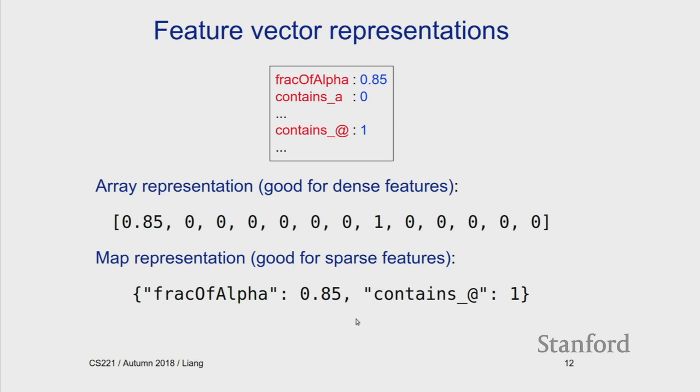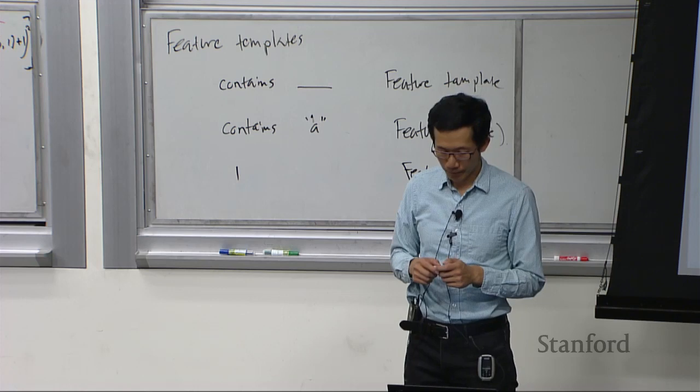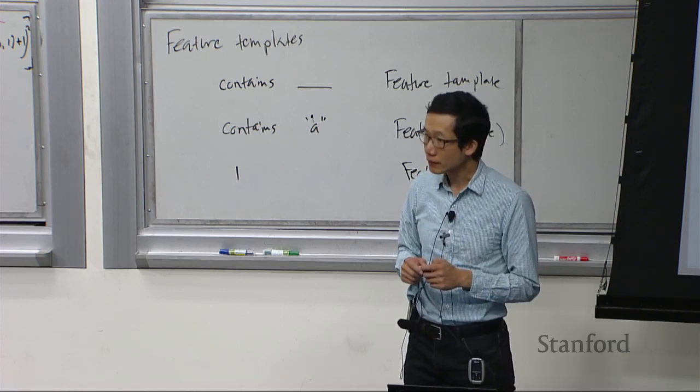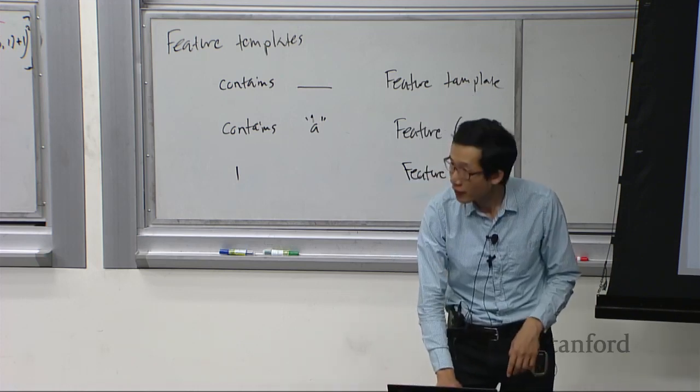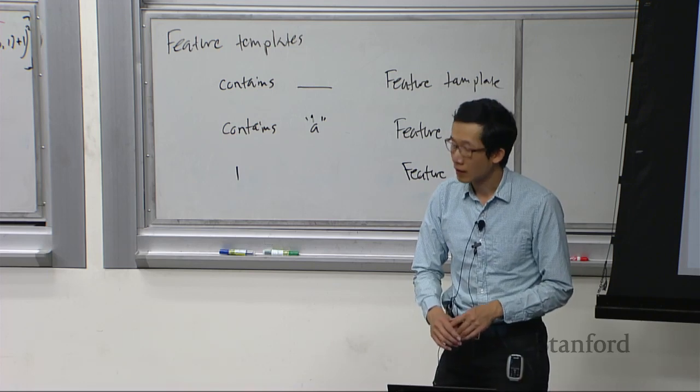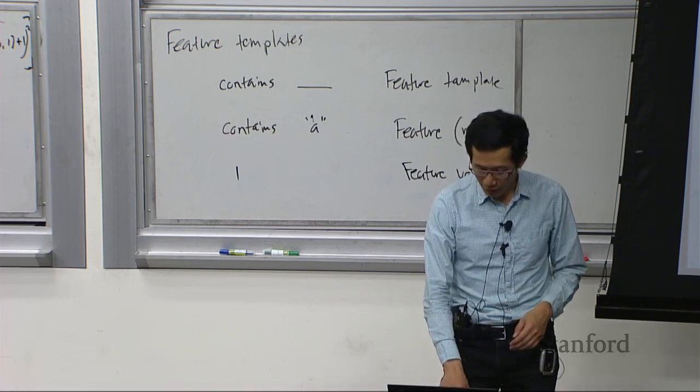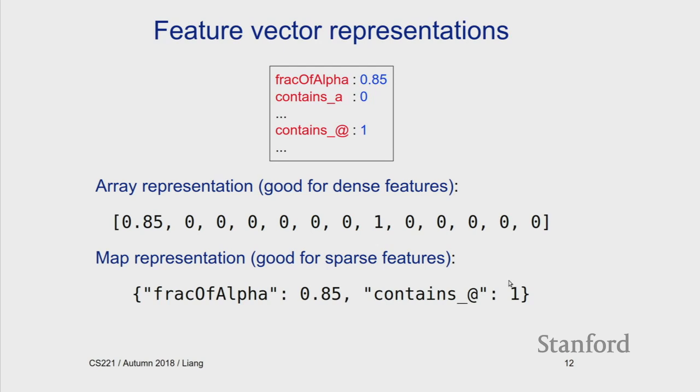So let me just pause for a second to make sure everyone's questions are answered, if there are any. Yeah? So for something like contains alpha, it's not going to be there if its value is 0, right? So could you use a set for it instead of a map? I see. So the question is, should this be a set instead of a map?